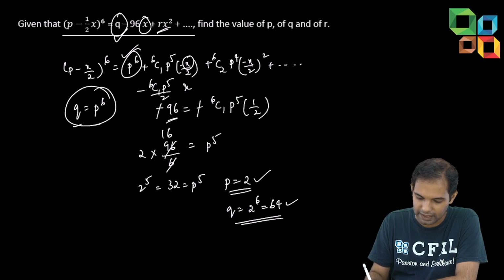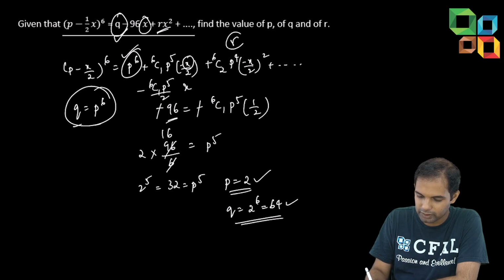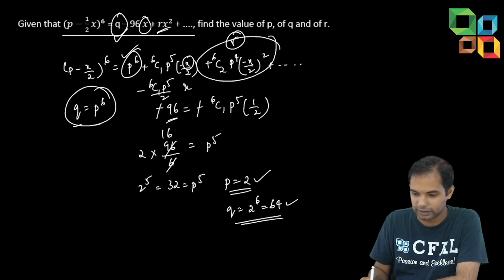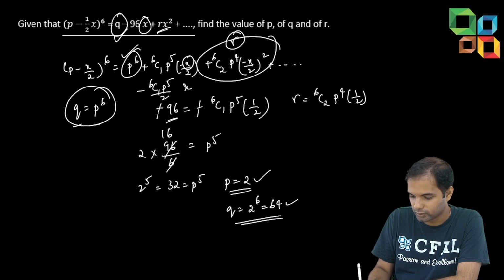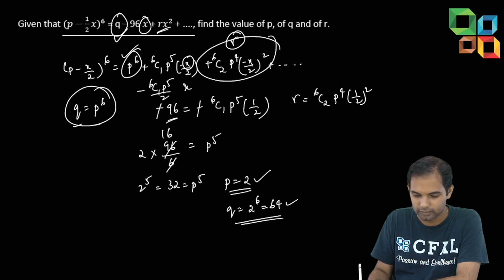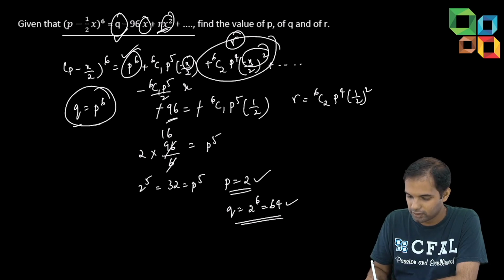All that remains is R. So R is nothing but the coefficient of this term. So let us write down: R is equal to the coefficient of that term, 6c2 P power 4 into (minus half) whole square. Rest is the x square term. So we are equating x square and x square term. Okay. So R is 6c2, 6 into 5 divided by 2.